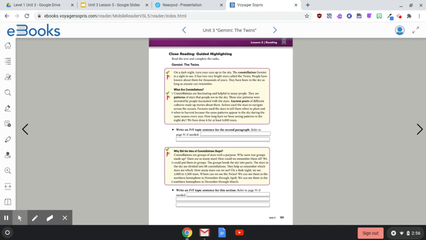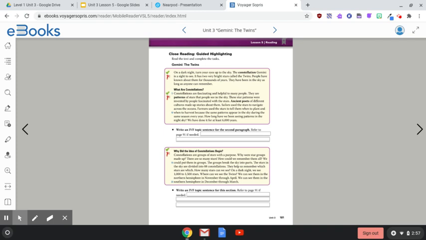Say poets. Poets have told stories about stars for thousands of years. Devoted. Devoted means loyal or deeply caring. Say devoted. The Gemini twins were devoted brothers.